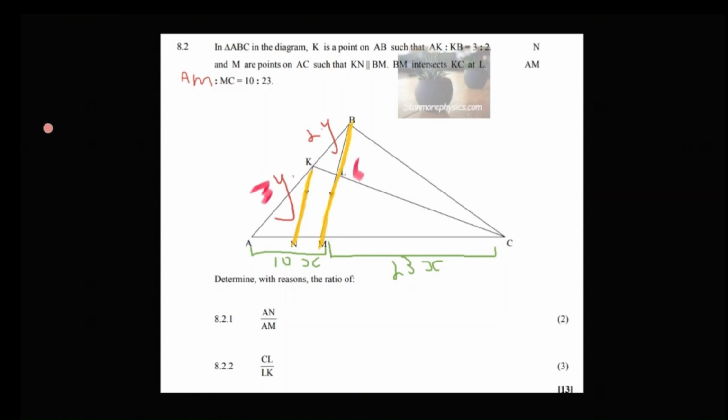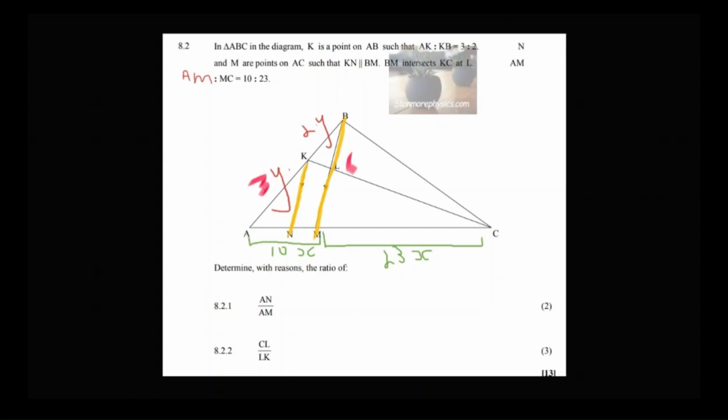So now let's see if the proportion theorem is actually applicable to this specific question. If you have a triangle, and within this triangle you have 2 parallel lines, and it has to be in this position, those 2 parallel lines divide that triangle in proportion. So over here, we can see that KN is parallel to BM.